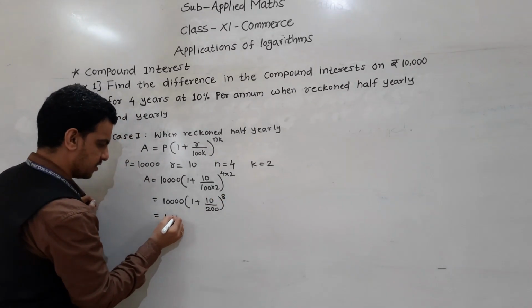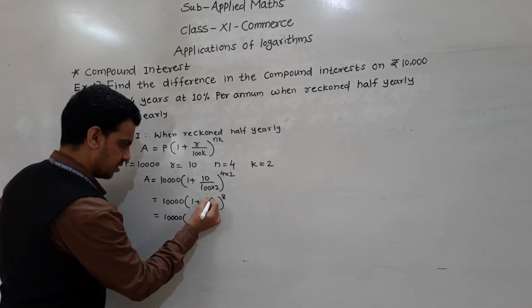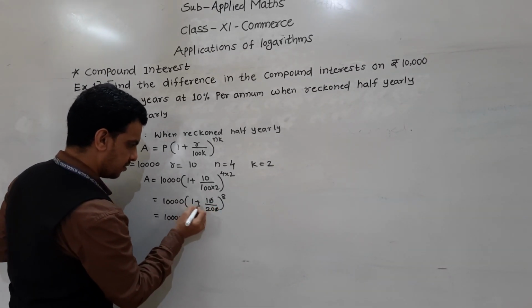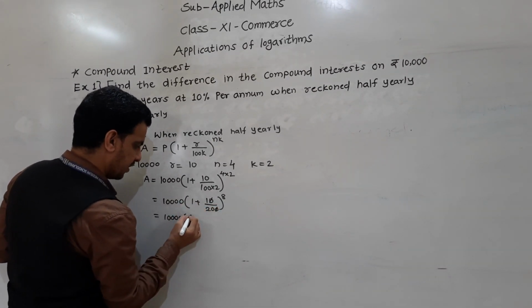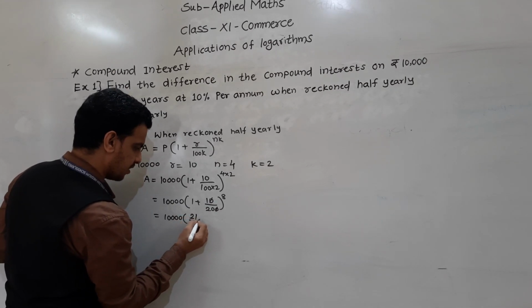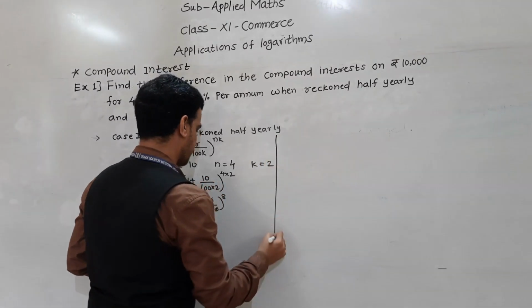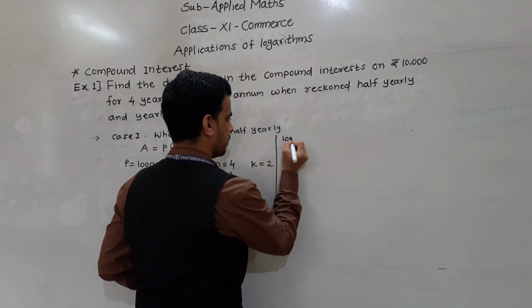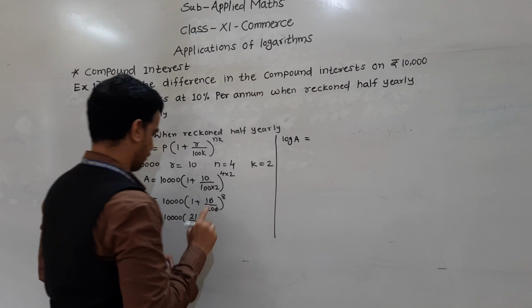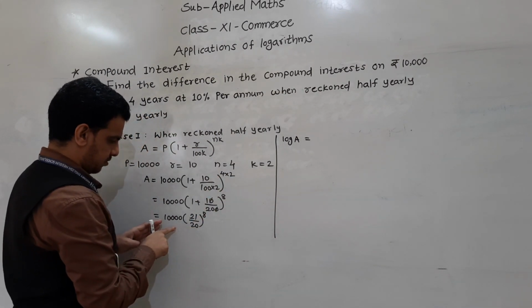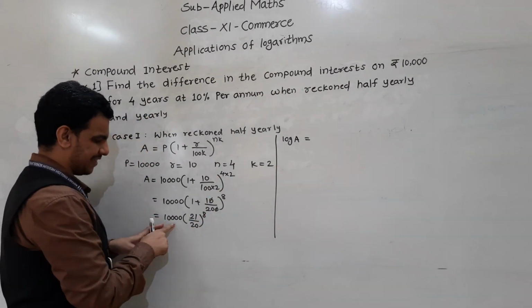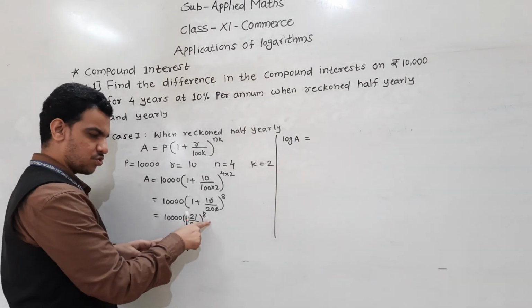Simplifying again, 10,000 into 21 by 20 raised to 8. Now we have to take log on both sides. So log of A is equal to, writing this step directly, log of 10,000 into 21 by 20 raised to 8.